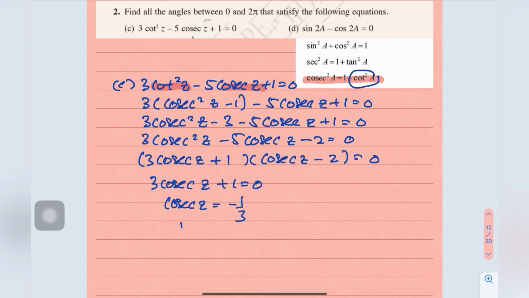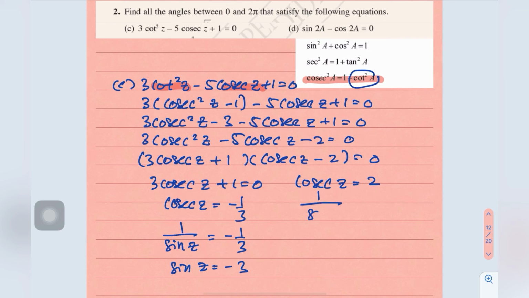Cosecant is 1 over sine, so sine z equals negative 3. Another one here, cosecant z equals 2. Then cosecant is 1 over sine z, equals 2, so sine z equals 1 over 2.